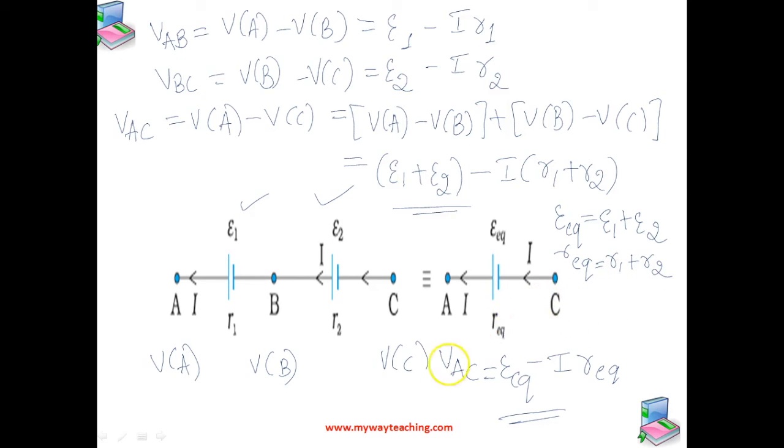So here in this figure we had connected the negative electrode of the first to the positive of the next, as you can see here. In the second one, the positive is connected to the negative in the first one, or in other words, the negative electrode is connected to the positive in the second. So if instead we connect the two negatives, then that equation will take a new form.